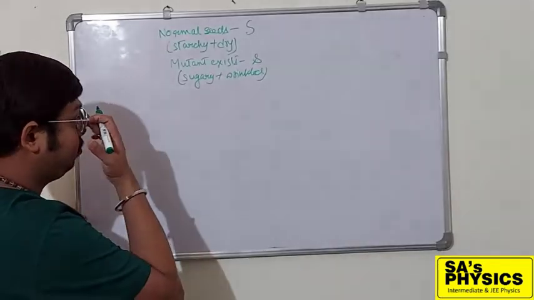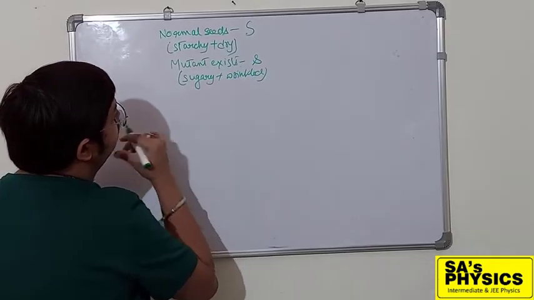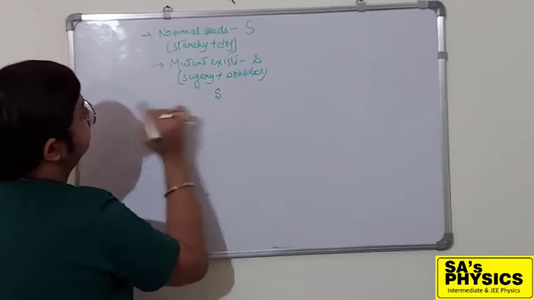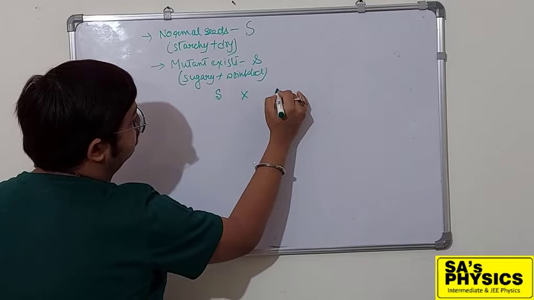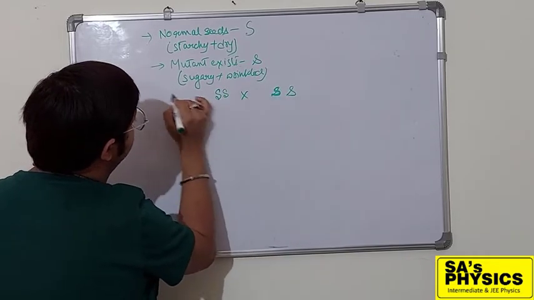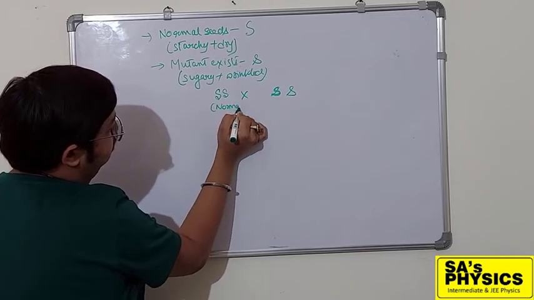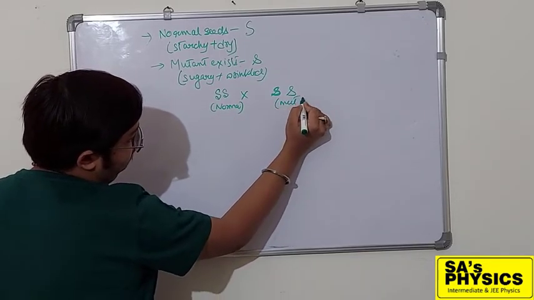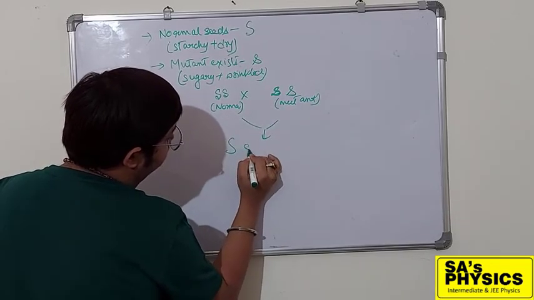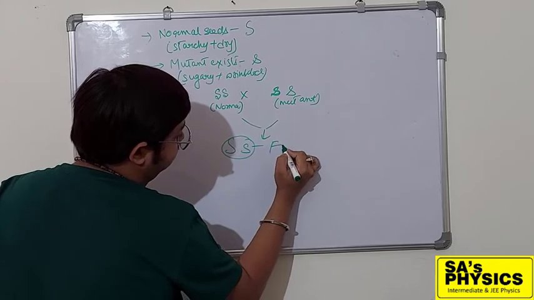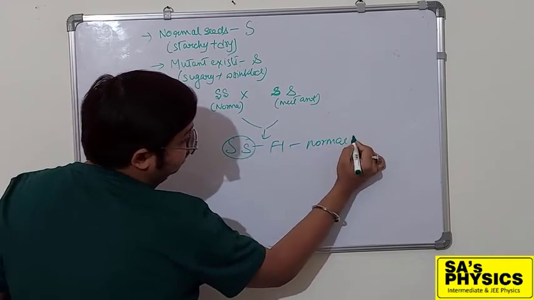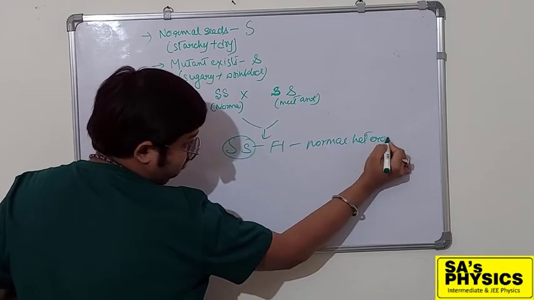Quite obviously, if you cross a mutant plant with a normal plant, so this is your normal and this is your mutant, the F1 will be producing a normal plant, but a heterozygous normal plant.